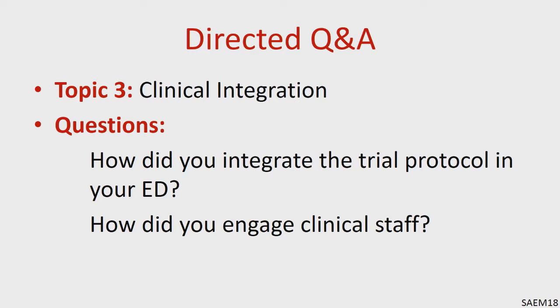They're there to help support in a way, but they're not enrolling patients. They're not doing any procedural things. Clinical integration becomes really important. So the question is, how did you integrate the trial protocol in your ED? And how specifically did you engage clinical staff?